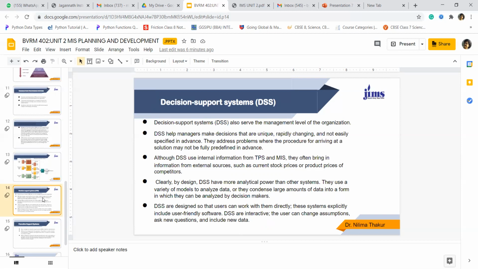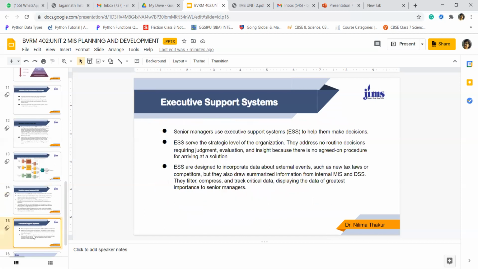For example, current stock prices or product prices of the competitors. Clearly, DSS have more analytical power than other systems. DSS are designed so that users can work with them directly. DSS are interactive. The user can change assumptions, ask new questions, and include new data.